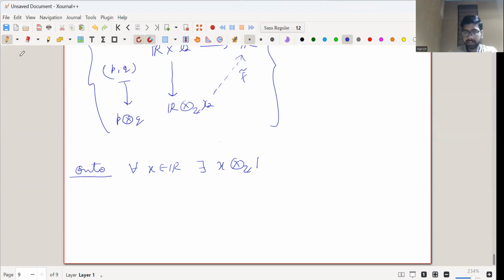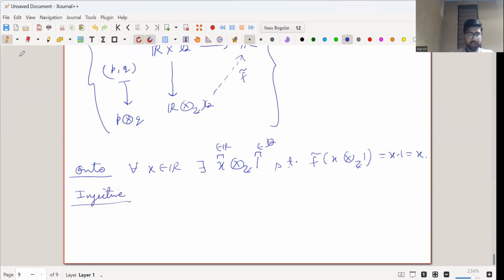See, I am taking x tensor 1, not 1 tensor x, because the first part should be inside R and the second part should be inside Q. So I cannot take 1 tensor x because x is a real number, and here the domain is Q. So x tensor 1 is such that f delta of x tensor 1 is just x dot 1, which is x. So it is surjective.